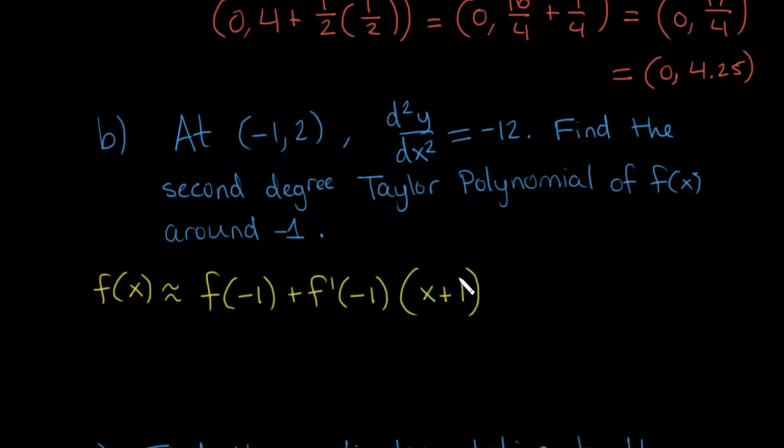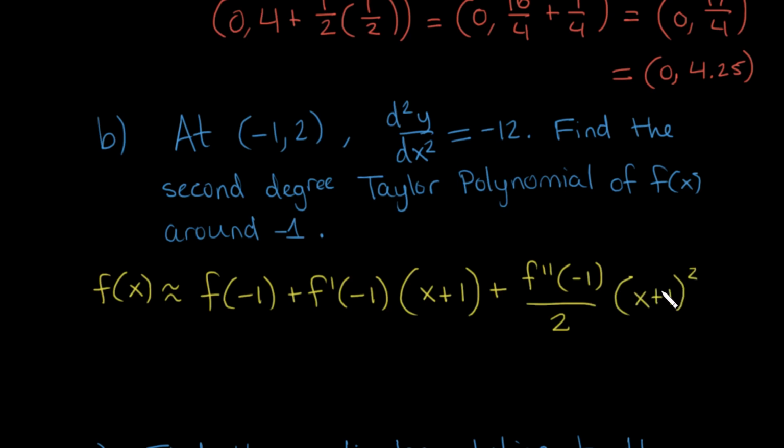We're adding 1 to shift everything to the right so that we reach -1. And then for the quadratic term, you say plus the second derivative of f at -1 divided by 2 factorial, which is just 2 also, so we can remove the factorial. And this is multiplied by (x plus 1) squared.